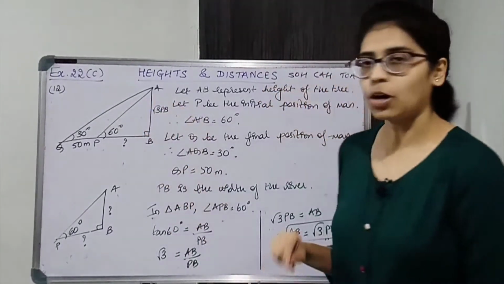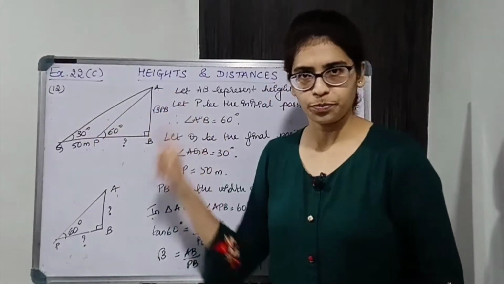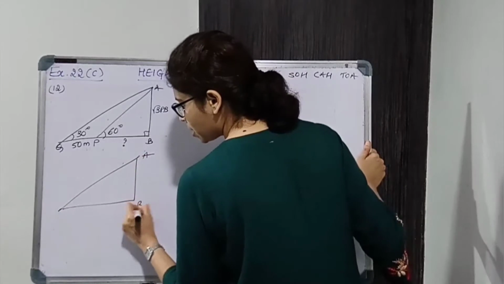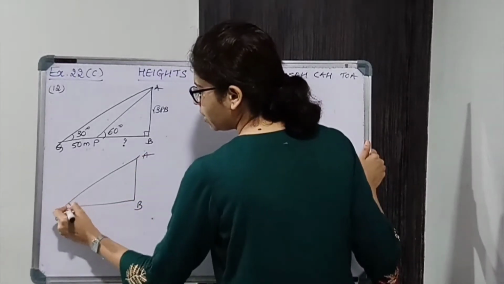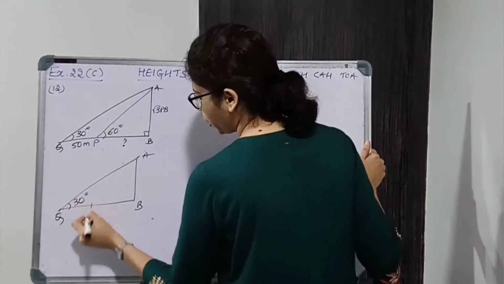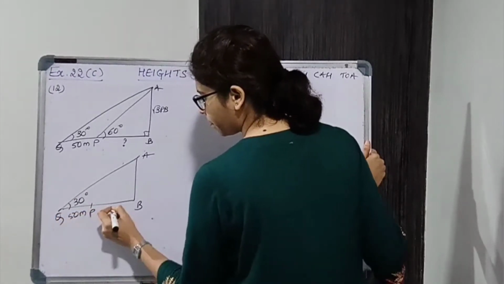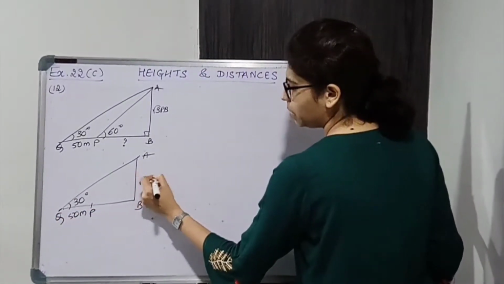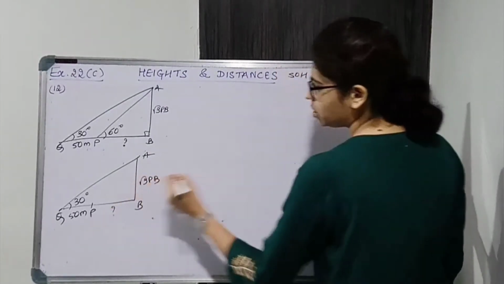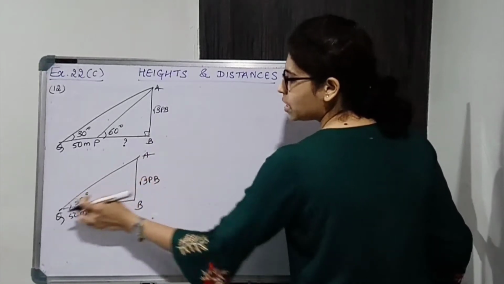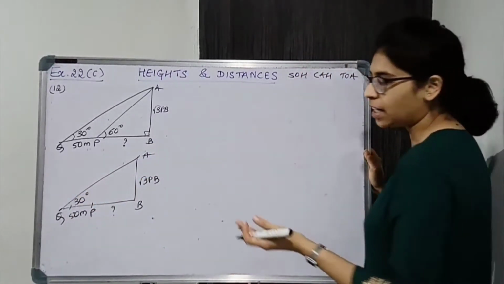Okay, so now we'll consider triangle ABQ. So I'm drawing this separately again for reference. So ABQ है, this is 30 degrees, there is a point P in between. Okay, this is 50 meters. Now this is √3 PB. We need to find both these. Now again angle का opposite and angle का adjacent relate करना है, so we'll take tan of the angle.